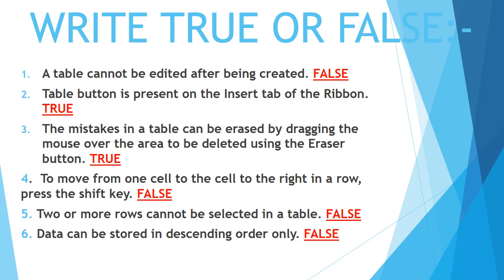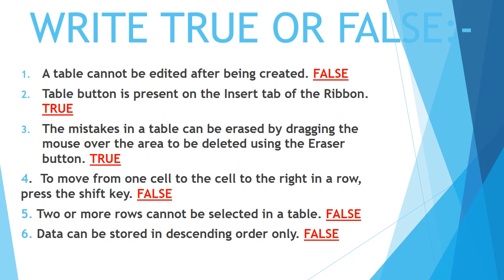It is true. The mistakes in a table can be erased by dragging the mouse over the area to be deleted using the eraser button. Yes, it is also true. To delete any mistake we use the eraser button.